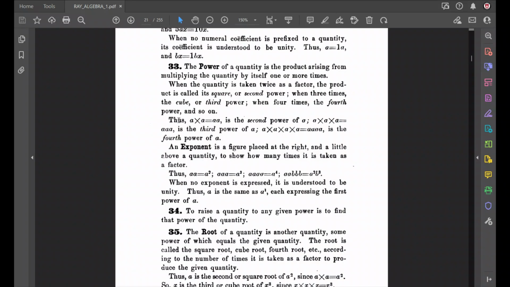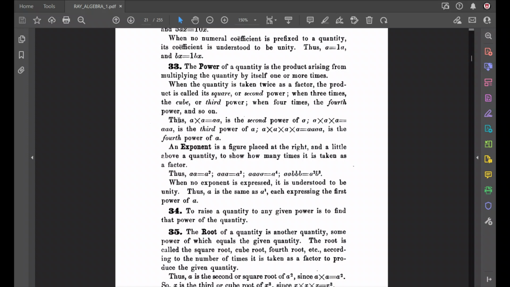The power of a quantity is the product that arises from multiplying the quantity by itself one or more times. When the quantity is taken twice as a factor, the product is called the square, or the second power.